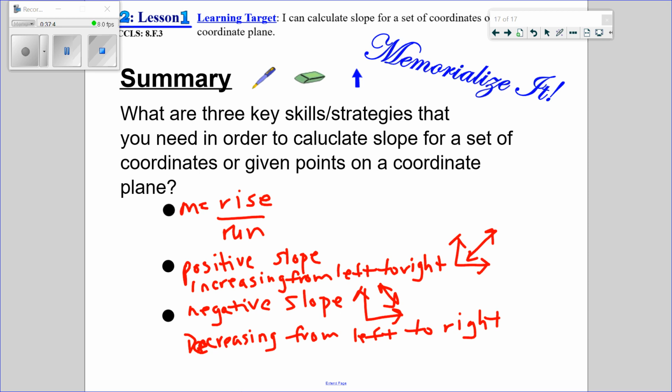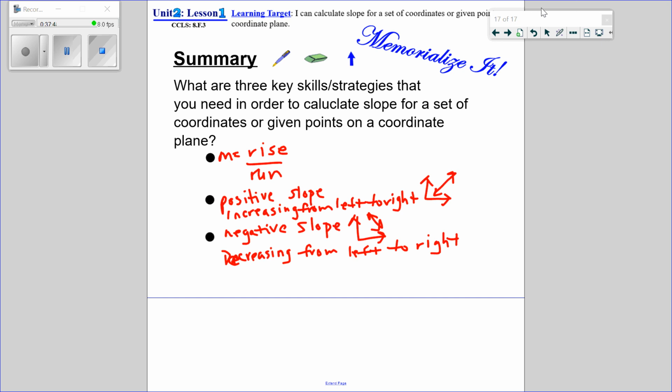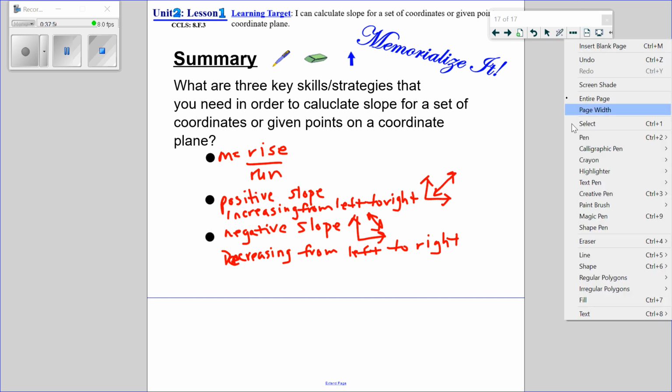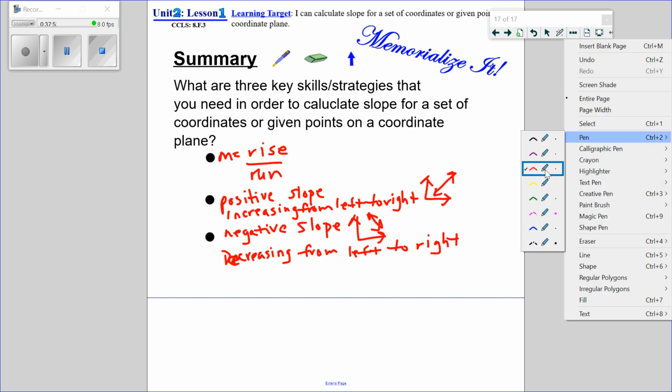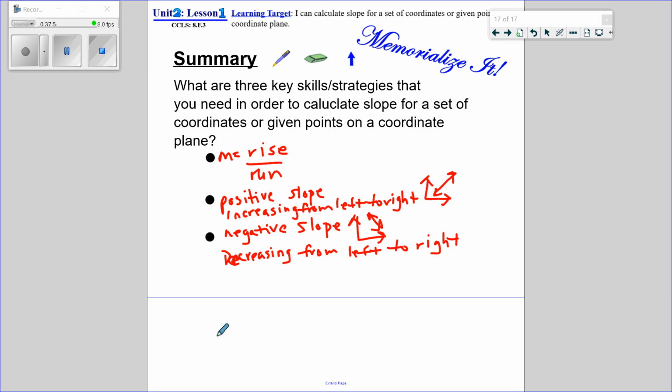I have to extend my page. 1 second. Then we have what's called a zero slope, horizontal line. So here is your coordinate plane, and it's a horizontal line.